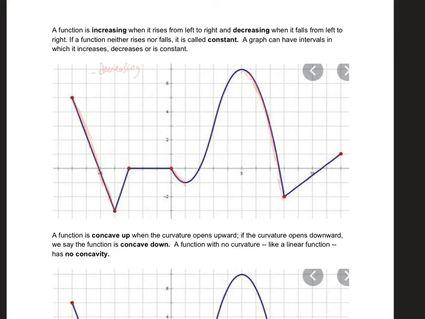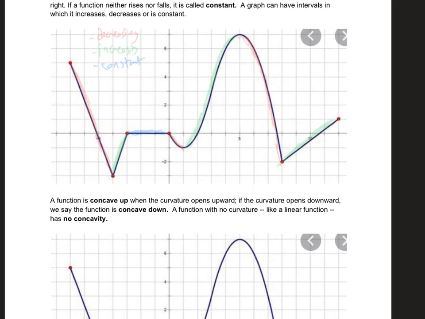The intervals of increase, change colors here, make it green, would be here, here, and here. Those would be the intervals of increase. And then the constant intervals would be where the function is not changing that y value at all. So that would be right here.